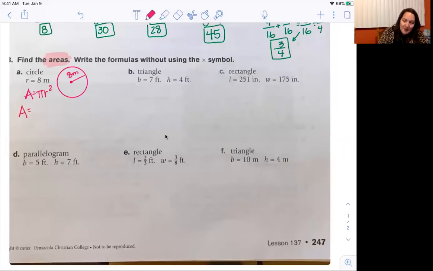Area equals, what's pi? 3.14 times 8 squared. 8 squared is 64, so I have area equals 3.14 times 64. Okay, I'm gonna work this out over here, and you work it out as I work it out.